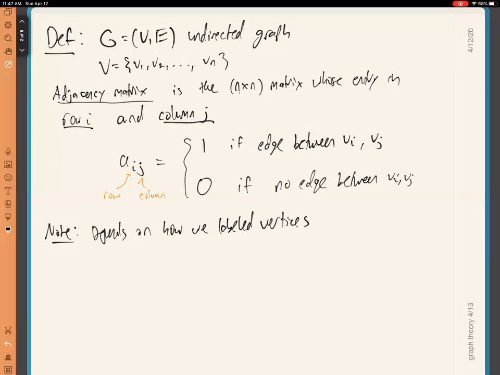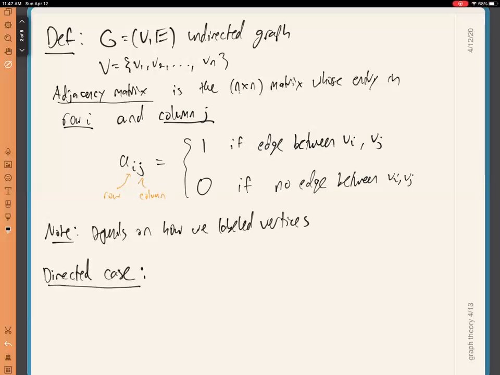And so in fact, there can be many different adjacency matrices associated to the same graph. Right, and so this is related to something we'll be talking about in a few minutes, which are called graph isomorphisms.